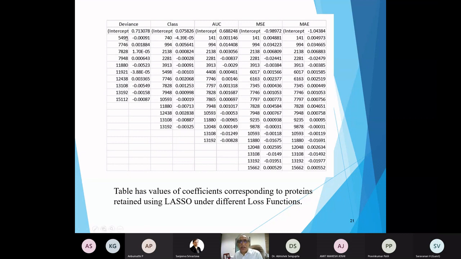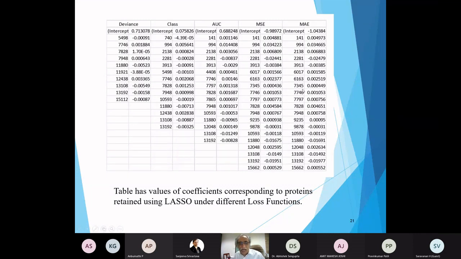If you use area under the curve, it leads us to this model with these many independent features. For mean squared error, if you use that loss function, it gives us a model with these many proteins and this model.